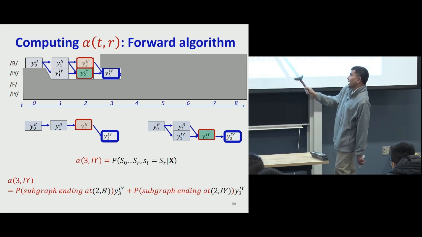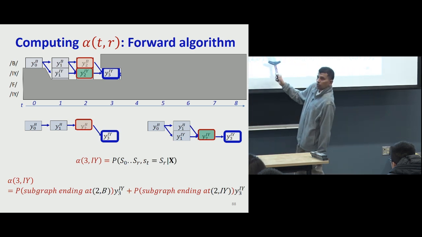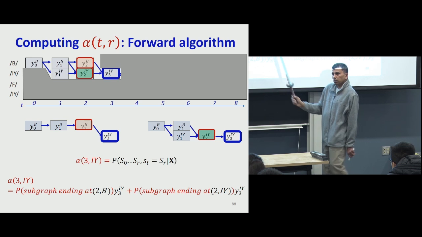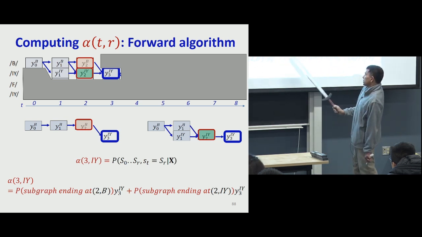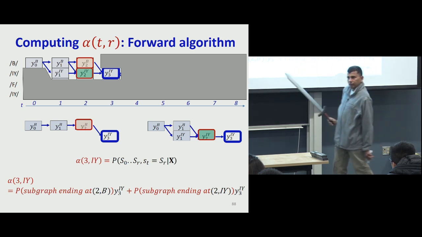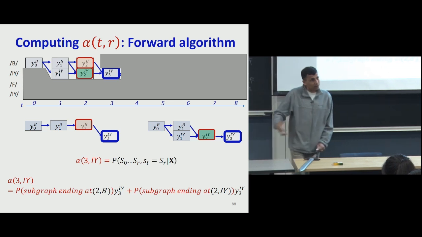So you're basically extending that to this guy. So the probability of this subgraph times the probability of this symbol plus the probability of this subgraph times the probability of this symbol. Make sense? Right? All I'm doing is sort of extending the paths.